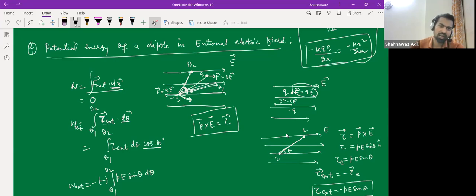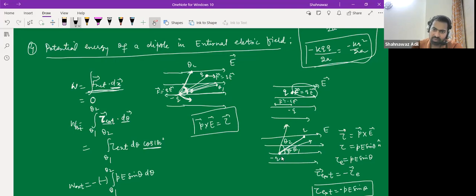So we saw that this translation force will not do any work because the net force is zero and we don't have any translation motion. We only have rotational motion, which means we have some angular displacement. So from this angle, let's say this is theta 1, it has been moved to this angle, theta 2.